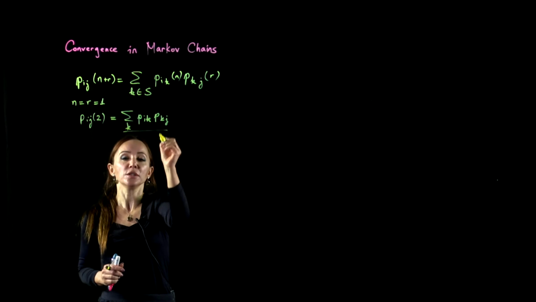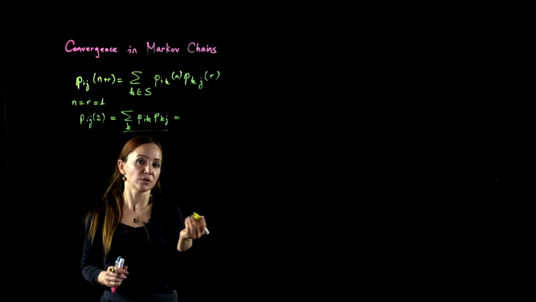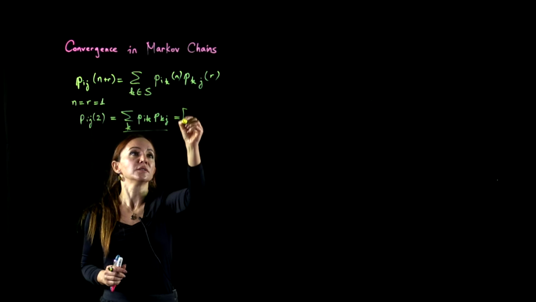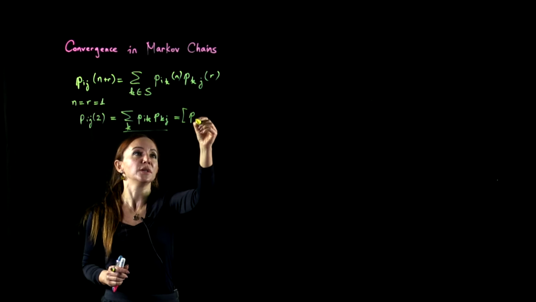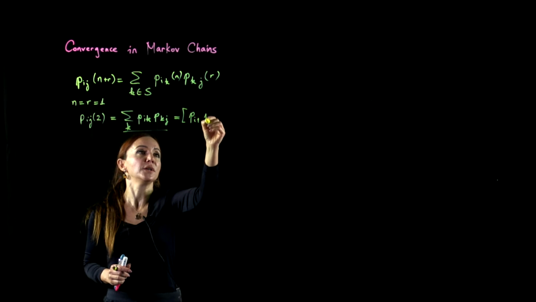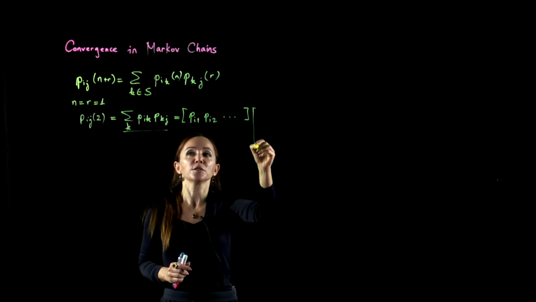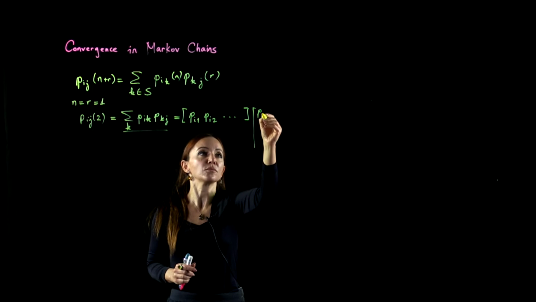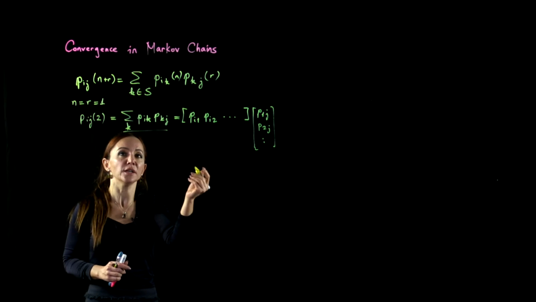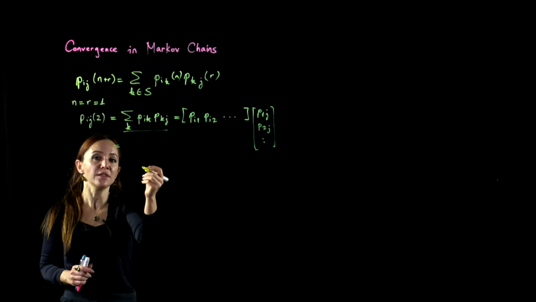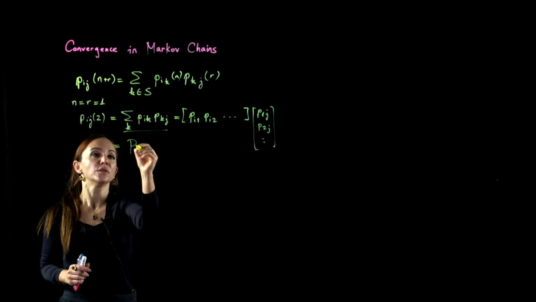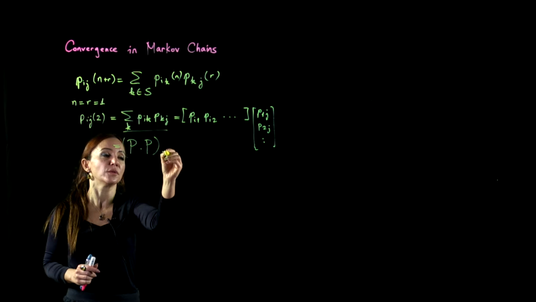This summation is really a vector product, a dot product of these two vectors, p_i1, p_i2, and so on, multiplied by p_1j, p_2j, etc. What this also is, is the ijth entry of the transition probability matrix multiplied by itself.